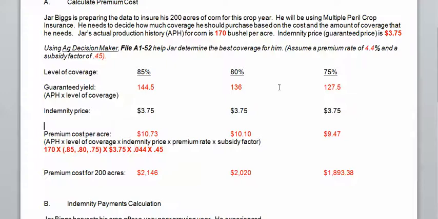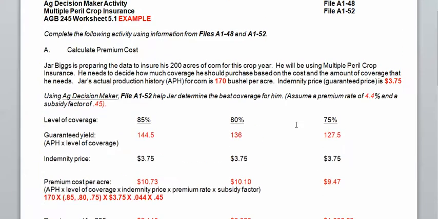Those are guaranteed bushels, is another way to look at it. And we take those bushels times the indemnity price of $3.75 to get our revenue guarantee.